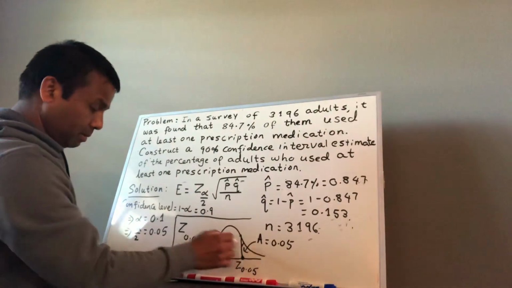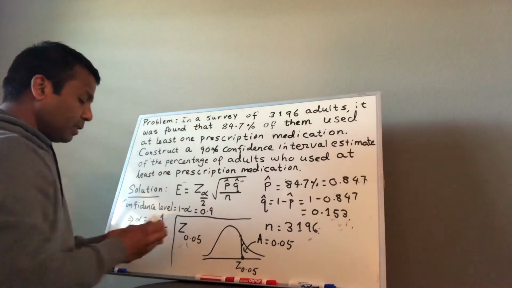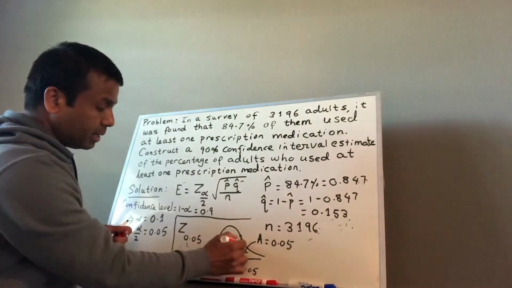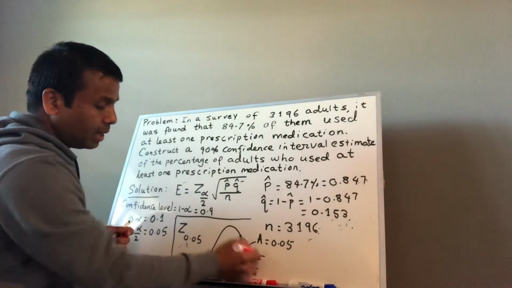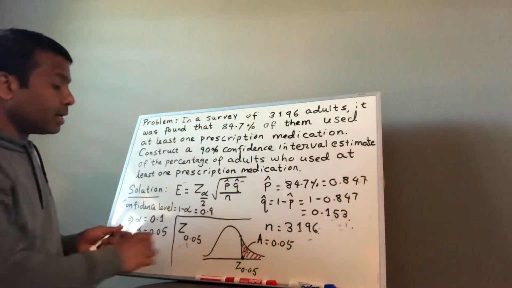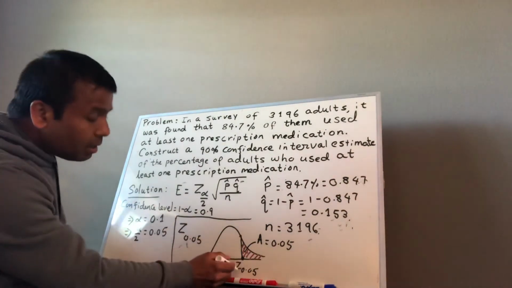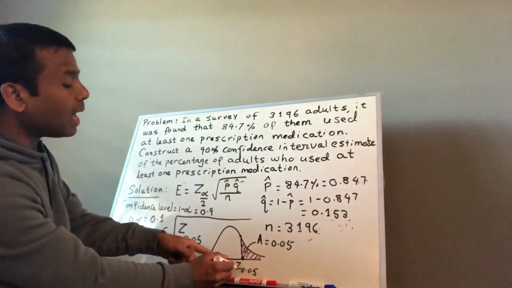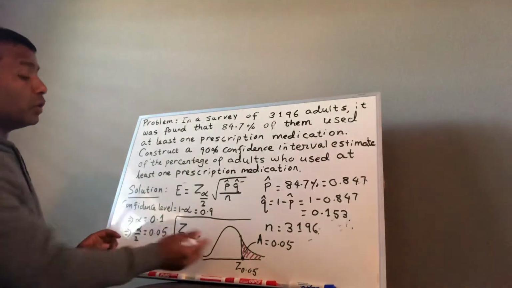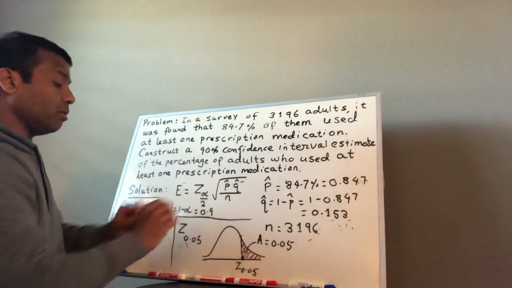So the area of this red shaded region is 0.05, but this Z score is the value that corresponds to the left of the density curve, right?